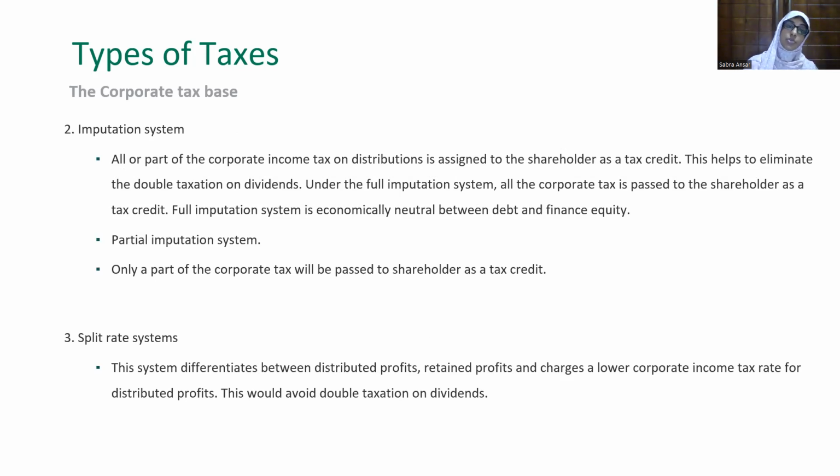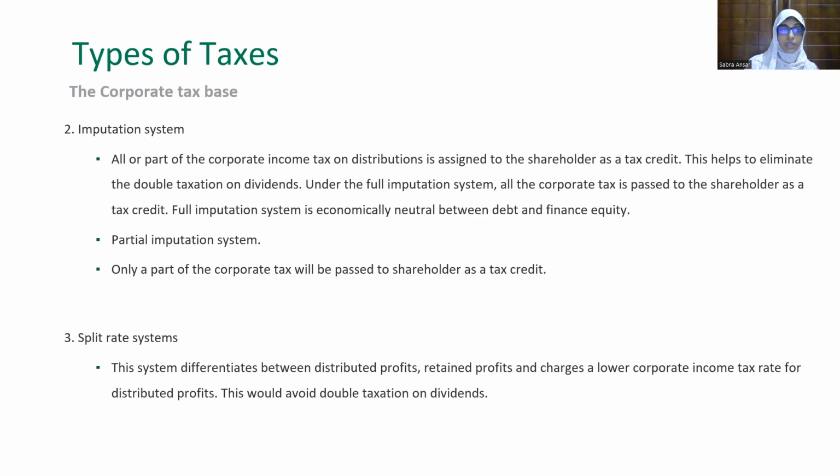The full imputation system is economically neutral between debt and equity finance. There can also be partial imputation systems, where only a part of the corporate tax is passed to shareholders as a tax credit. This is how the partial imputation system happens.